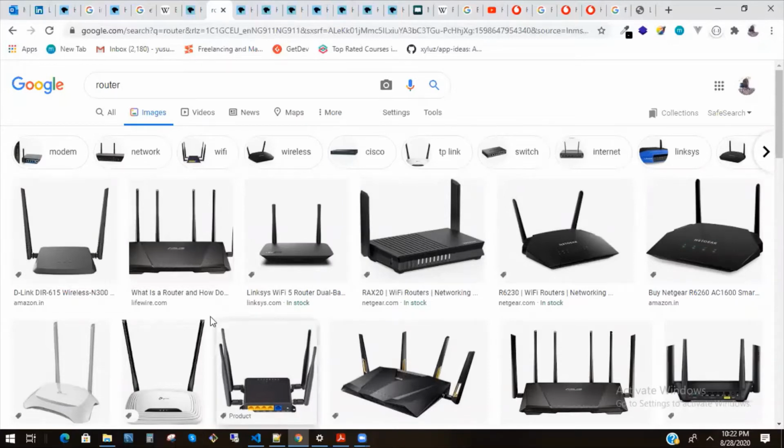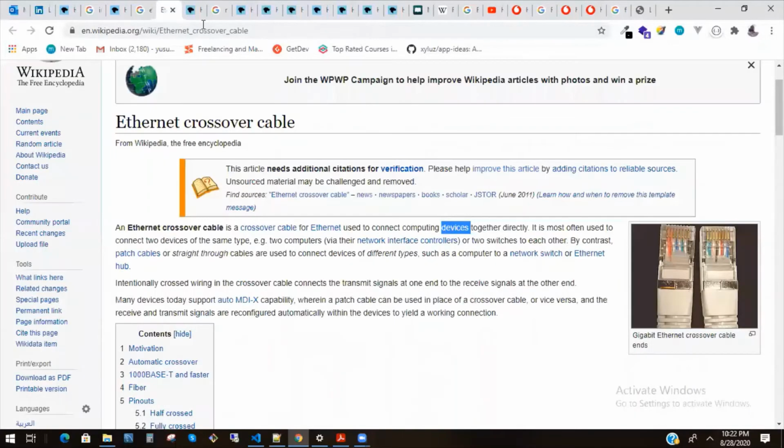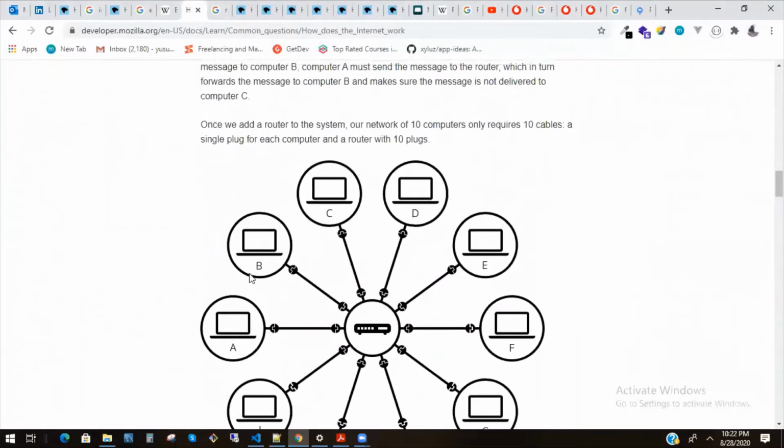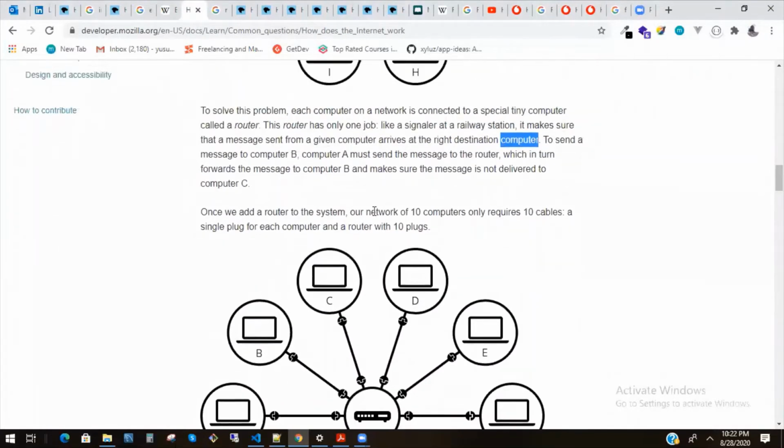You can see a tiny computer. Each computer on a network is connected to it, and it makes sure that a message sent from one computer arrives at another destination. Its job is to route information from one computer to another.